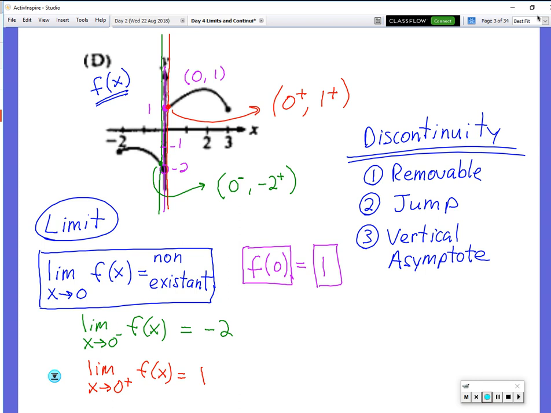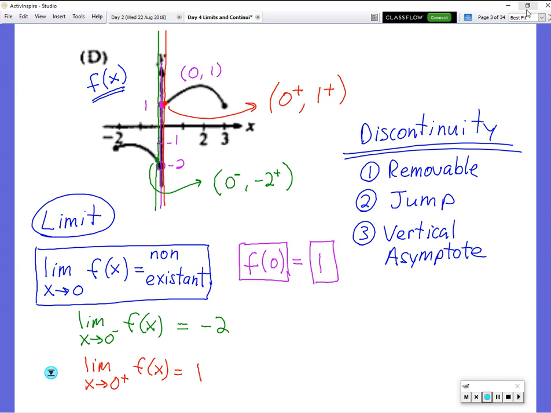The common sense definition for whether or not a function is called continuous is, can you draw the graph without lifting your pen or your pencil?